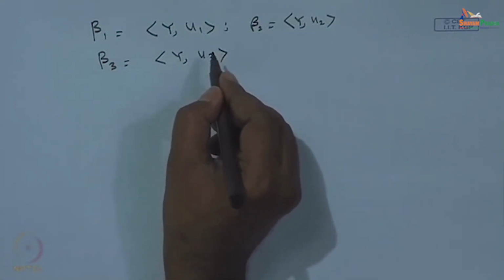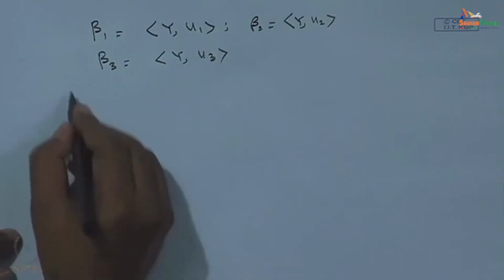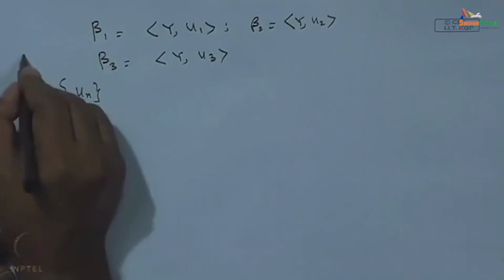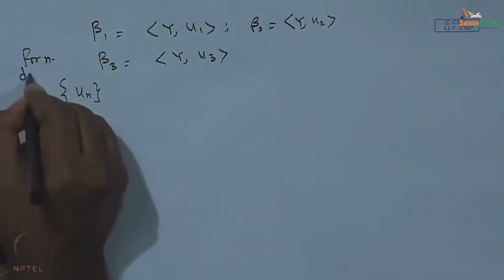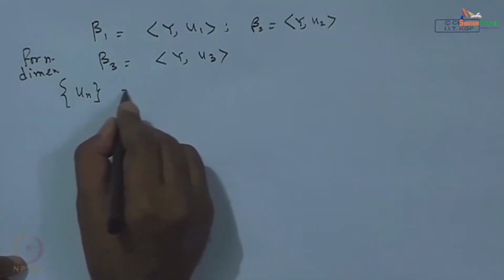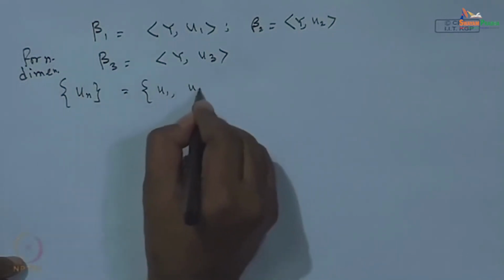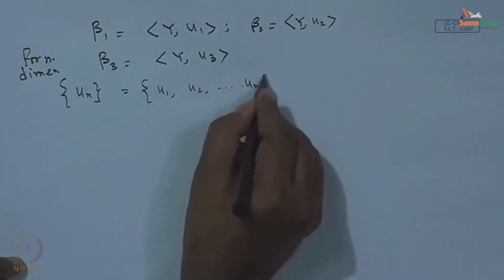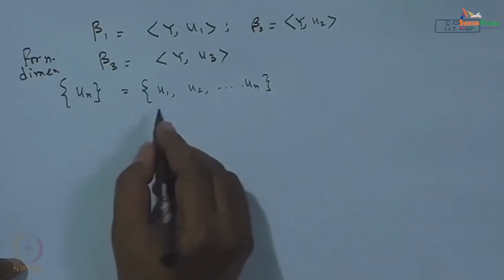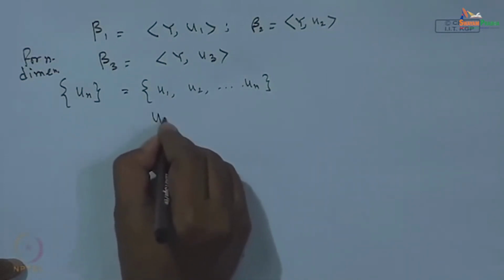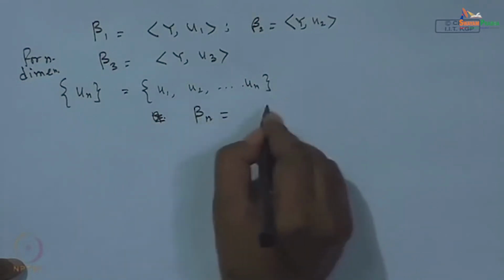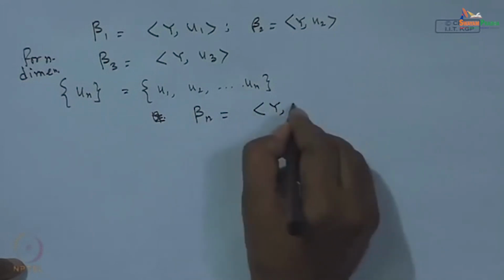If you have an n dimensional space, then let us say un for n dimension; this was for the 3 dimensional one. For n dimensional space we can generalize this: un is constituted by n number of basis set vectors which are mutually orthogonal and orthonormal. So, any ith vector or any nth vector, the coefficient beta n will be expressed as the inner product of y and un.